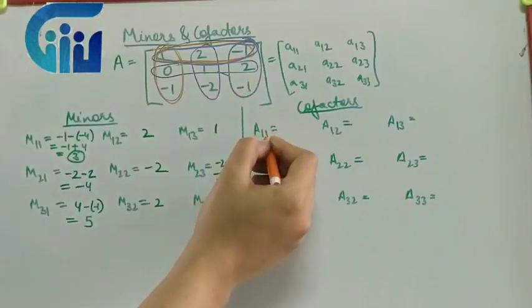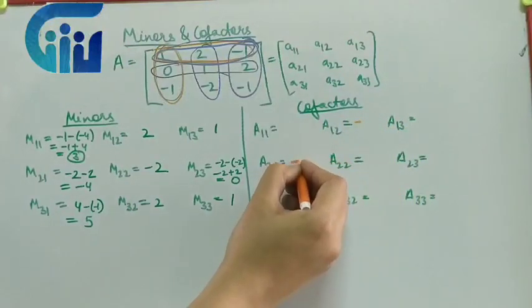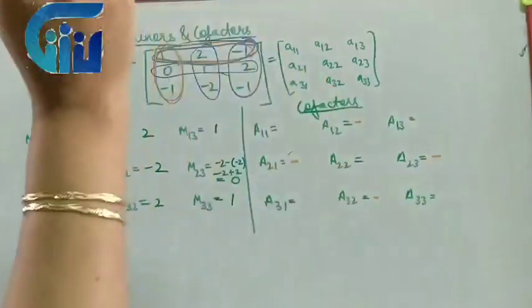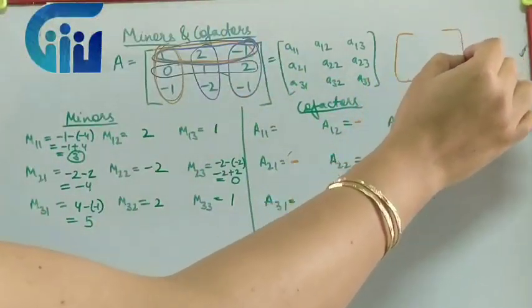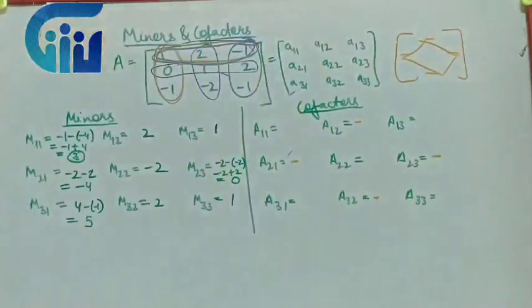So we know this place is even, this place is odd. I'll just write the sign over here. This place is odd, this place is odd, this place is odd. So like this always. Do remember when you are writing the signs, these four places are always negative. So quickly, to avoid error, first of all put the negative sign. Then write the values of the minor.